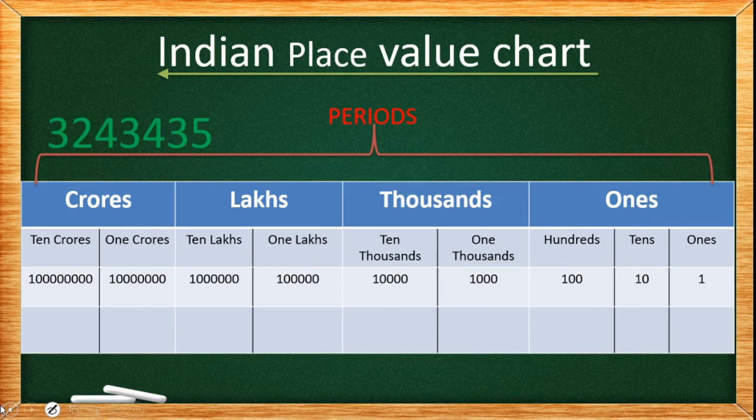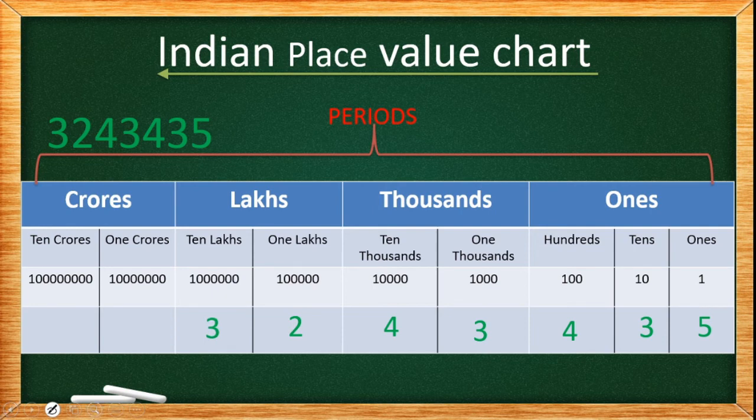So here we have another number. How can we read the number? 5 ones, 3 tens, 4 hundreds, 3 thousands, 4 10,000s, 2 lakhs and 3 10 lakhs.